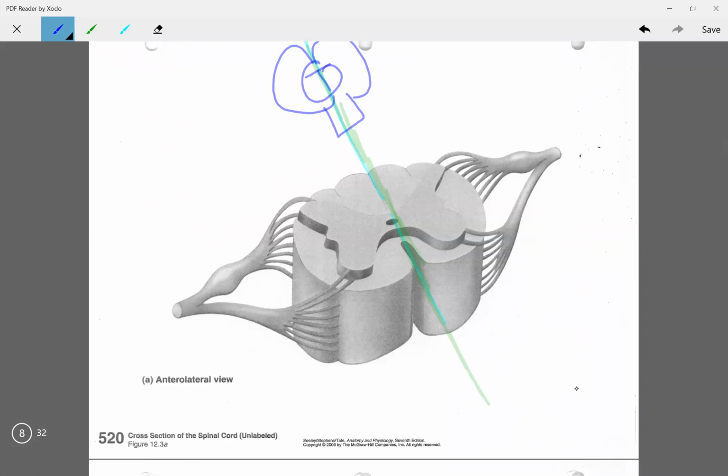Okay, this will be the right hand, pain and temperature. All right, there's that anterolateral system, 3 different tracks, specifically the spinothalamic tract. Okay.